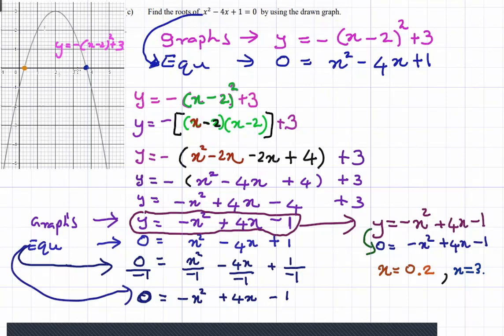So 3.2, 3.4, 3.6, 3.8. So find the roots. It's a fancy way of saying find the values of x. So what are the two values of x? X equals 0.2, and we also have x equals 3.8. Hope you all understood.